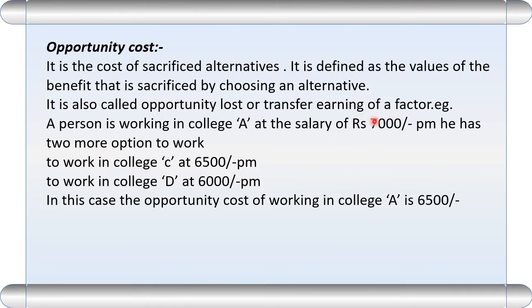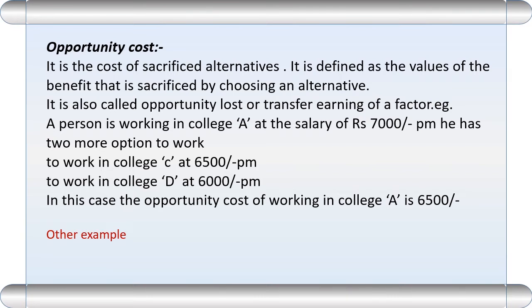Because of technical reasons he has quit it. So whenever we are finding out the opportunity cost, we see the lower opportunity. We never see the opportunity which is much more favorable to us. We always see the opportunity which is lower than the present opportunity. In this case, when A has joined college A, the opportunity cost is 6,500 rupees.